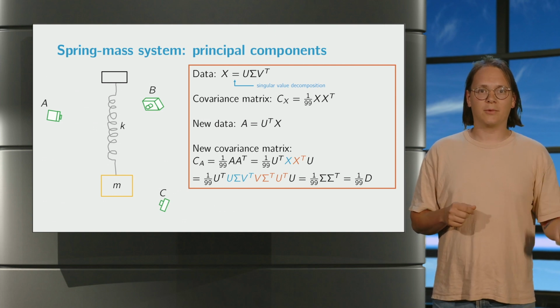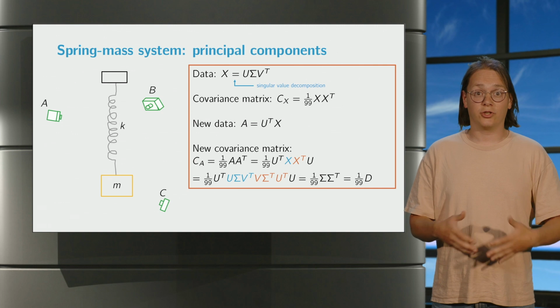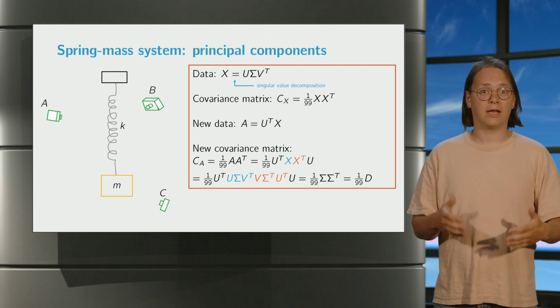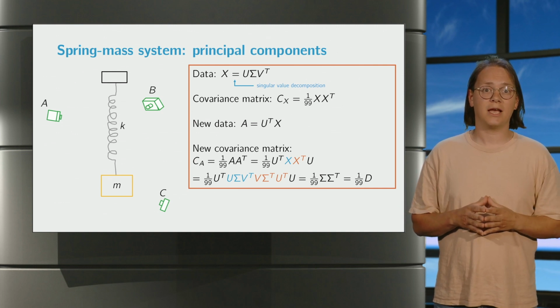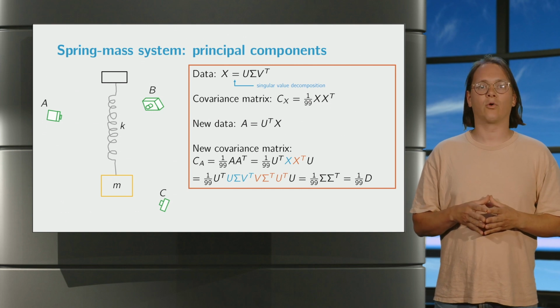The matrix sigma times sigma transpose is of course just the diagonal matrix D that has the eigenvalues of X transpose times X on the diagonal in descending order.